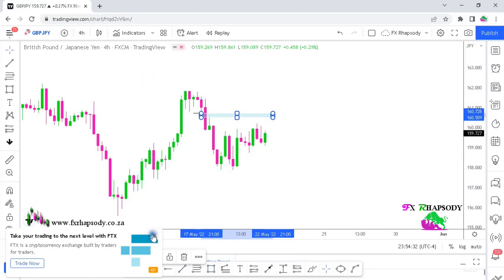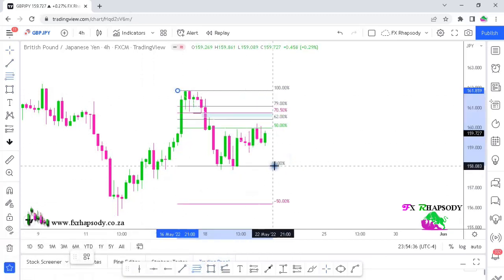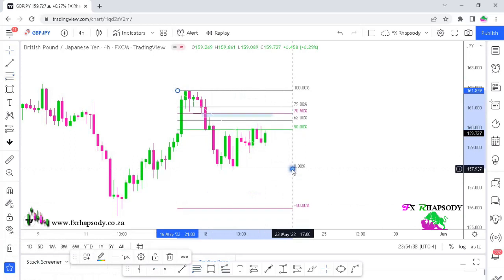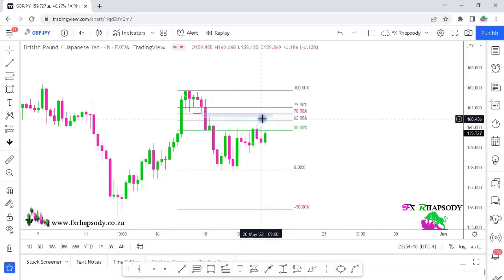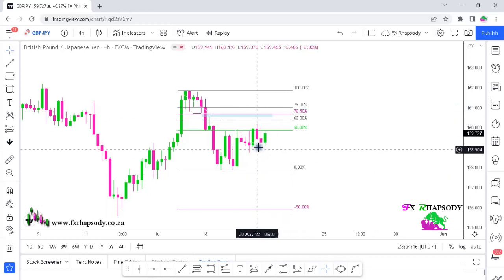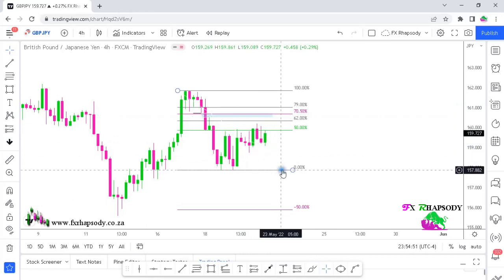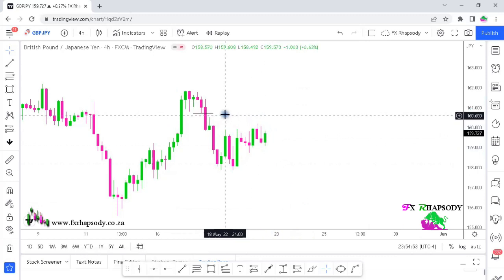That fair value gap is falling nicely. If we pull our Fibonacci in again from this high to that low, it's falling nicely in your key area for a nice little sell-off to the bottom. That all depends on what price is going to do. Is it going to retrace back to that area? I'd like to see what's going to happen this week on this pair, keeping an eye on that.